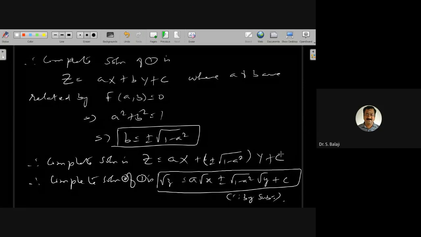And similar general solution you can write as usual. Singular solution is simple. General solution is you write A as phi of A. Singular solution is impossible.